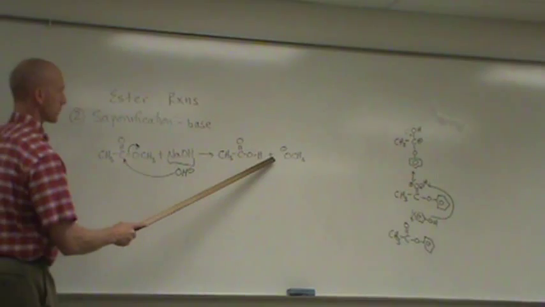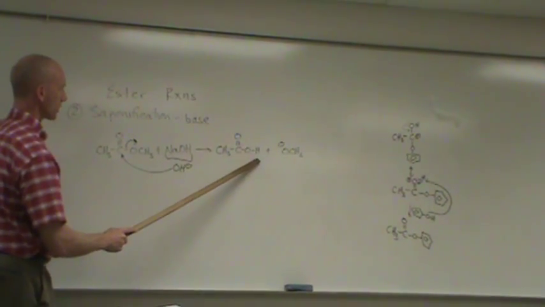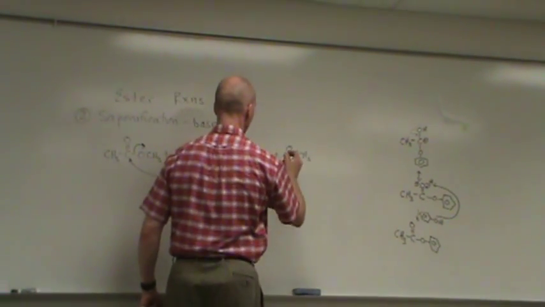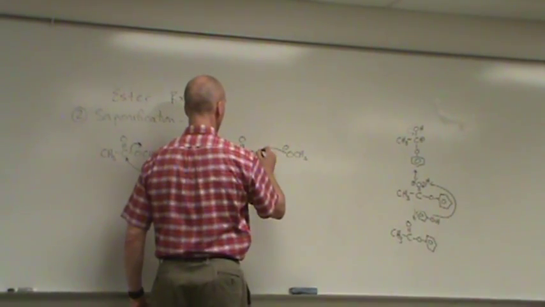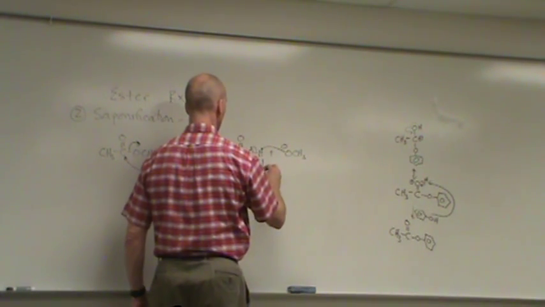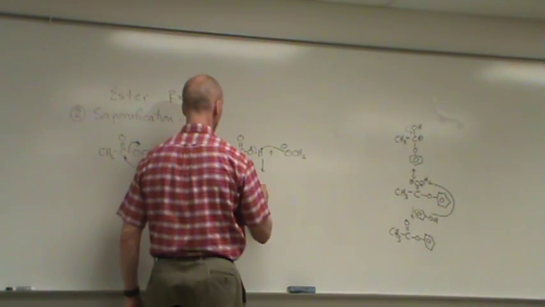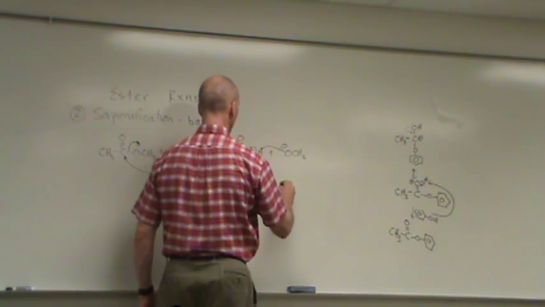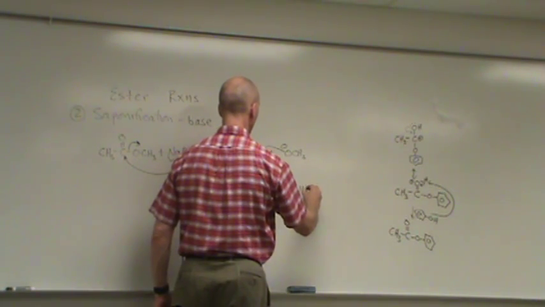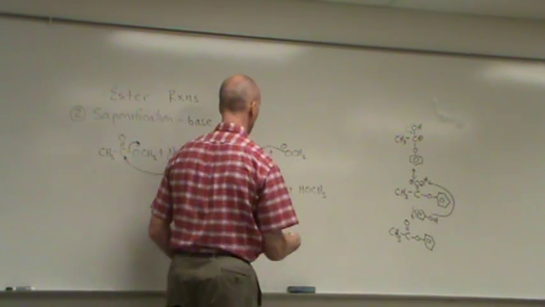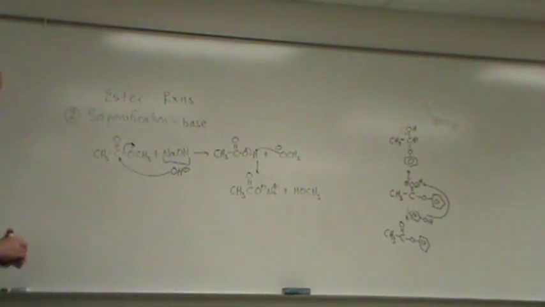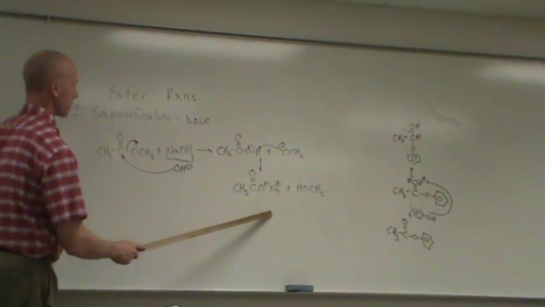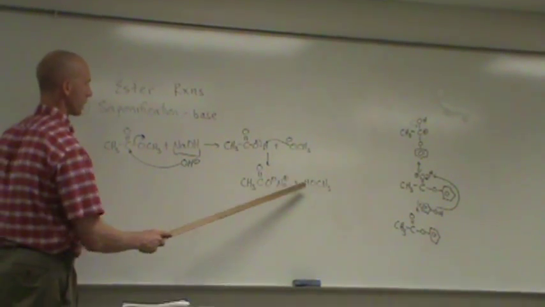But this thing here is a good base, and I got what? This acidic hydrogen. So we get one last reaction. So what we end up forming is a carboxylic acid salt and the alcohol.